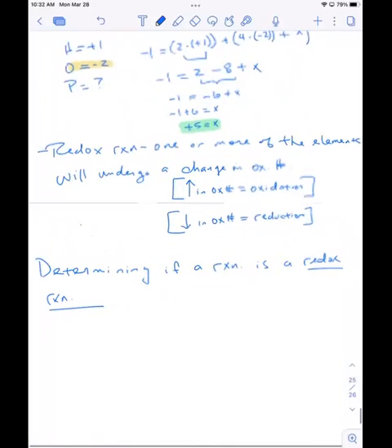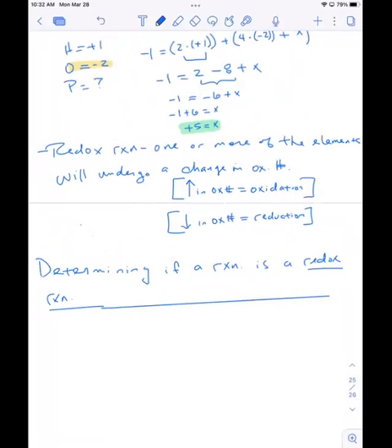Let's talk about how to determine if a reaction is indeed a redox reaction. I'm going to go through a few examples and then introduce you to how to balance redox reactions. It's a very tedious process, but it's doable. It's not impossible. We can do anything we put our minds to.